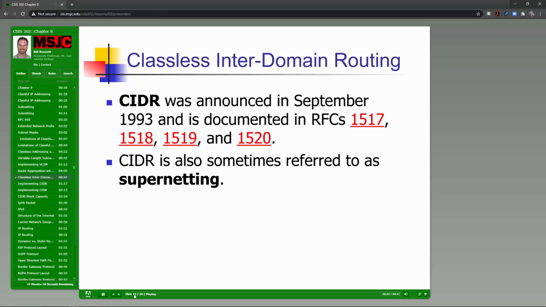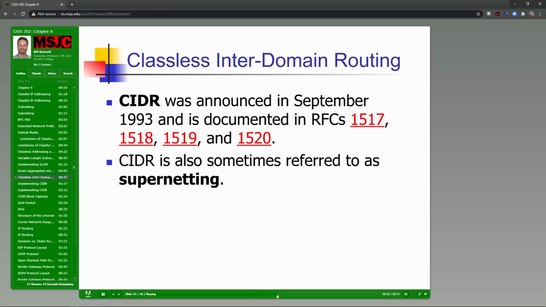This aggregation process, you'll hear it referred to a lot of times as classless inter-domain routing, or CIDR, pronounced "cider". There are several documents that deal with this technology: RFC 1517, 1518, 1519, and 1520. You'll also hear CIDR referred to as supernetting. So with subnetting, we're subdividing things.